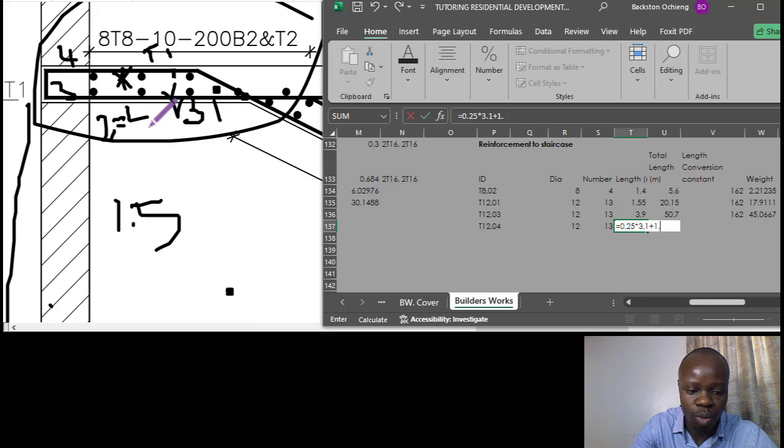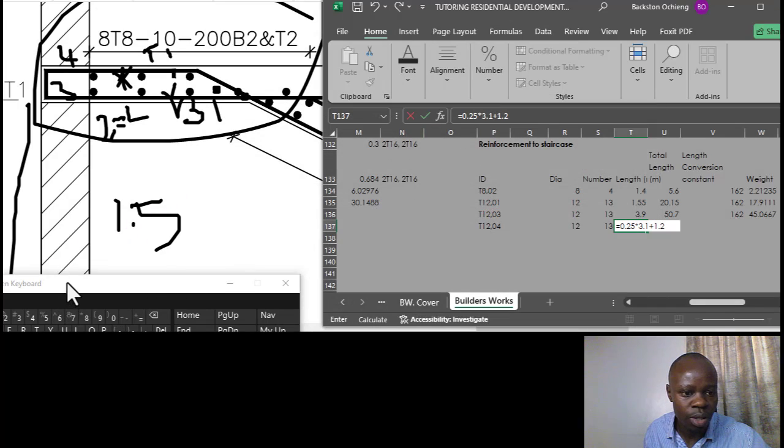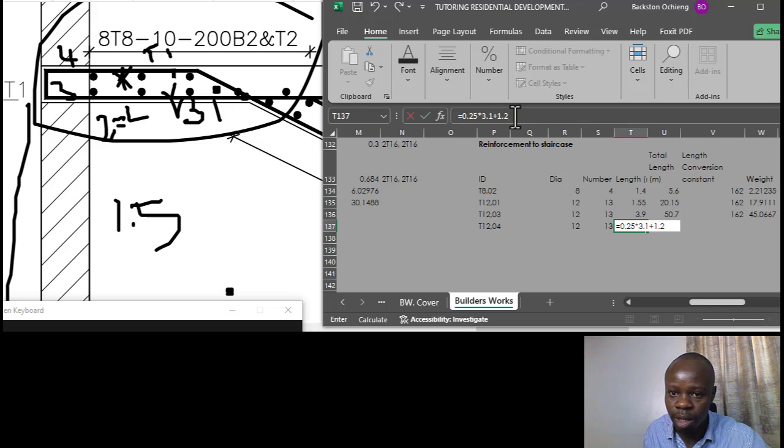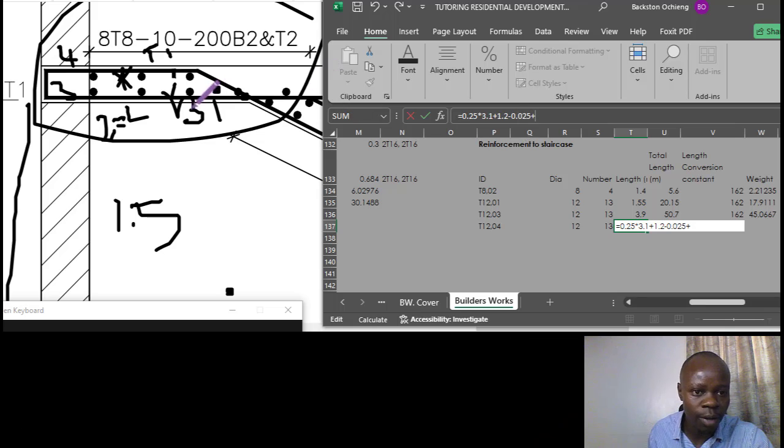So we are saying 1.2, but then we less 0.025 for the cover at that point.